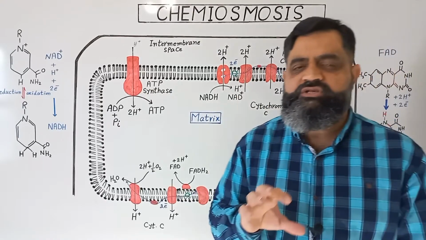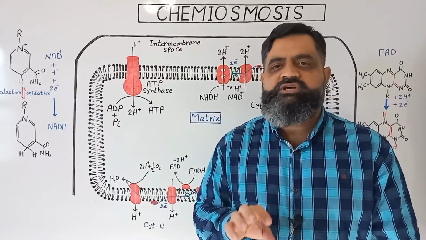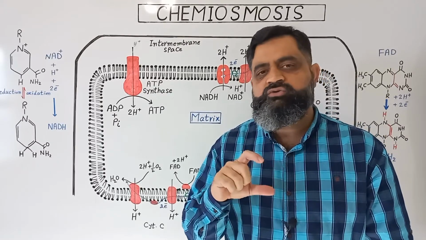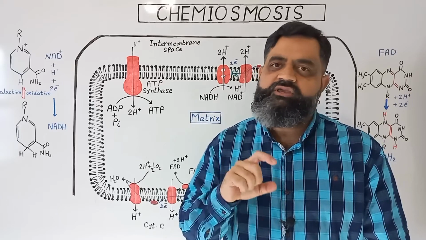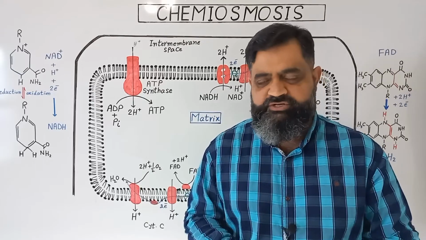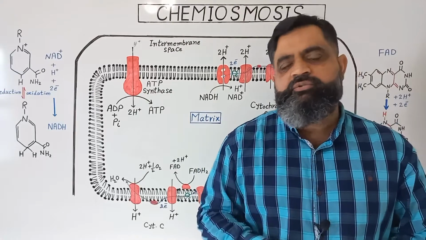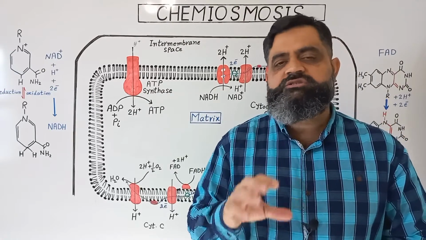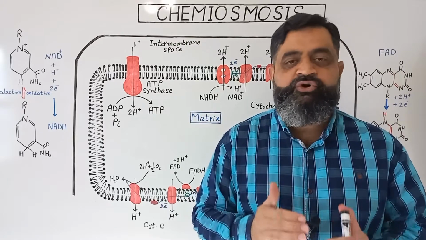We are not going to discuss in detail the Krebs cycle, electron transport chain or glycolysis, because today we are going to emphasize only chemiosmosis, and how this process takes place. Anyhow, glycolysis, the Krebs cycle and the electron transport chain all produce ATP.